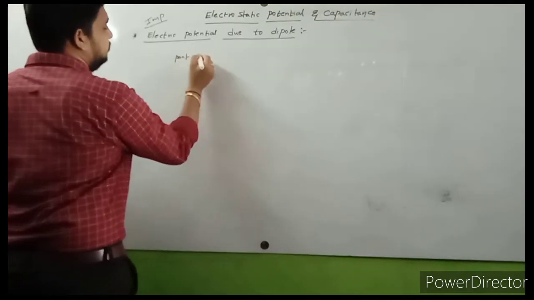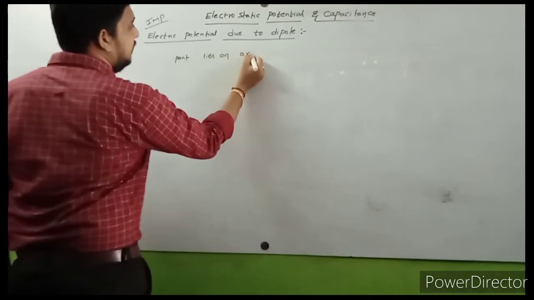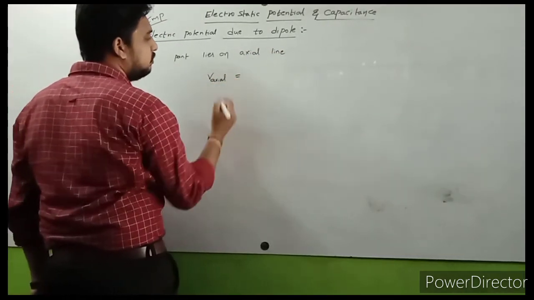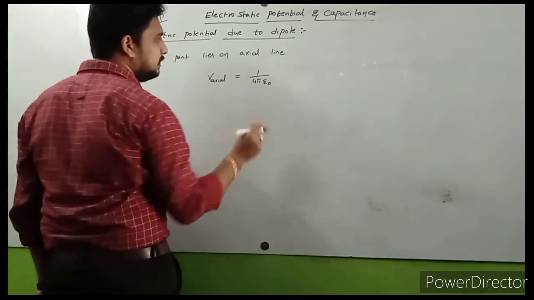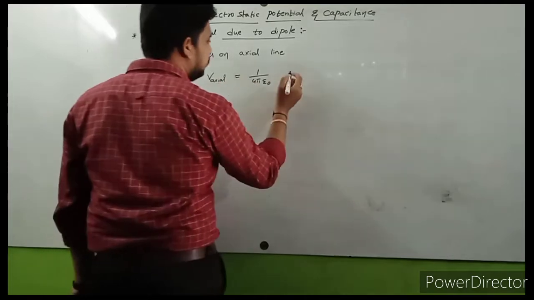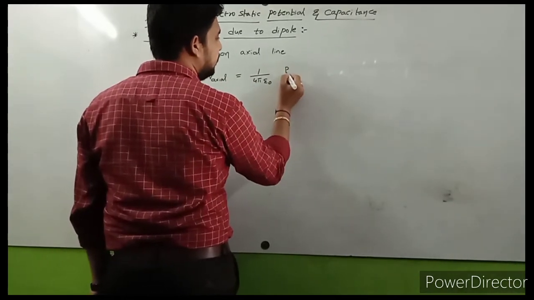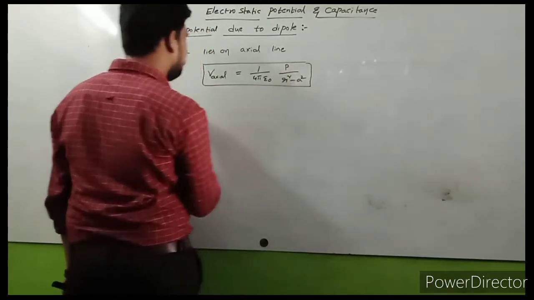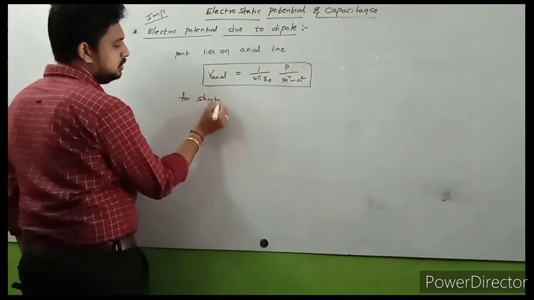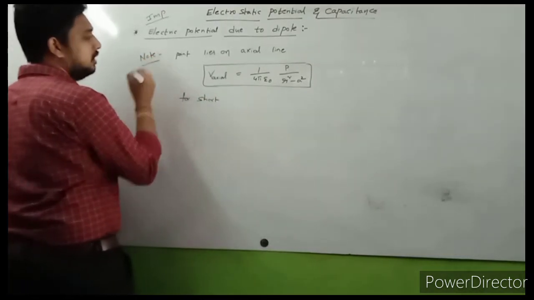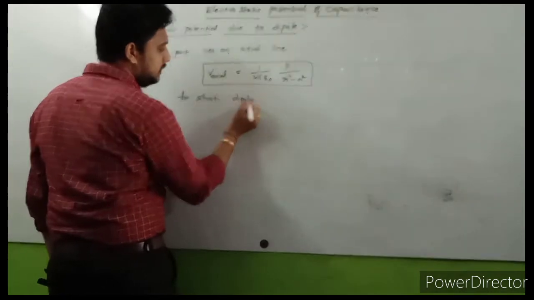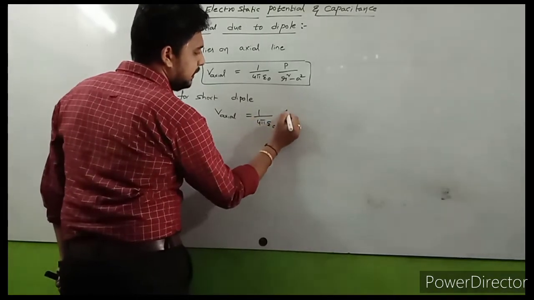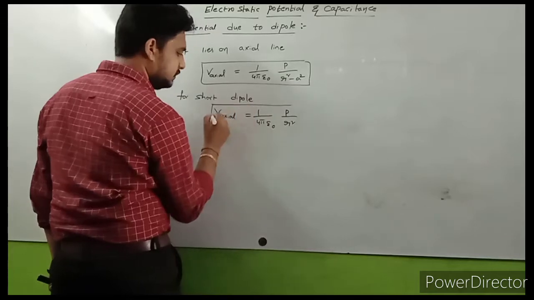If a point lies on the axial line, the electric potential due to the dipole at that point has the formula 1 by 4 pi epsilon naught into P by r square minus a square. For a short dipole, V axial is 1 by 4 pi epsilon naught P by r square.